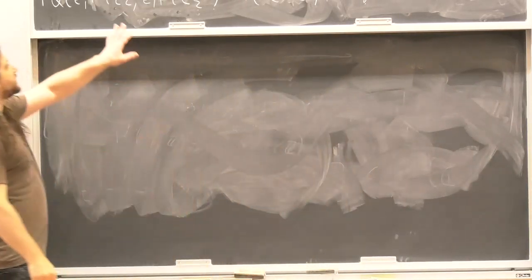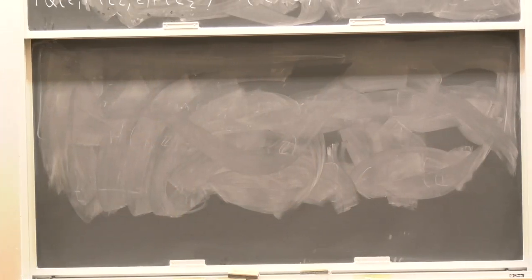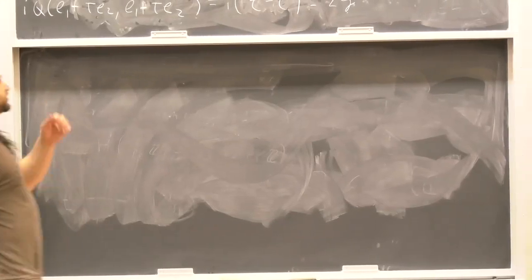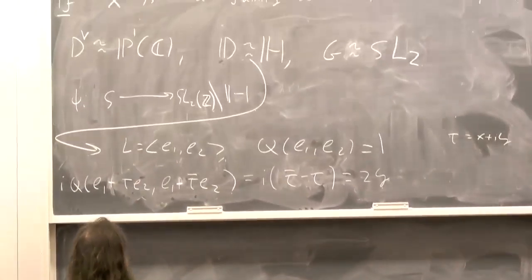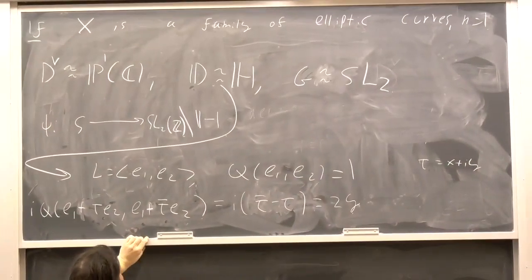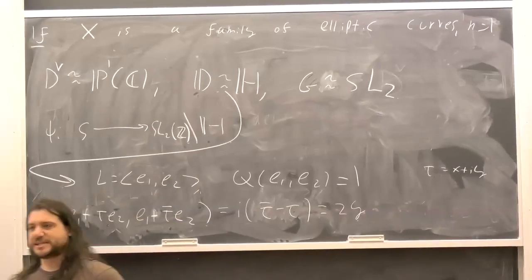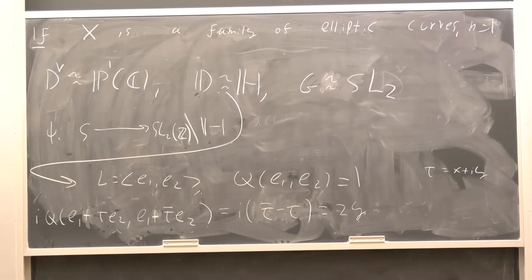So this case is very instructive in some ways, the case of elliptic curves, but it's oversimplified in others. What's one important way that this is oversimplified? In this case, if we look at our period space, H mod SL2Z, yes, it's a complex manifold, but in fact it has an algebraic structure. It's an algebraic curve, basically P1 with a couple of weird points.